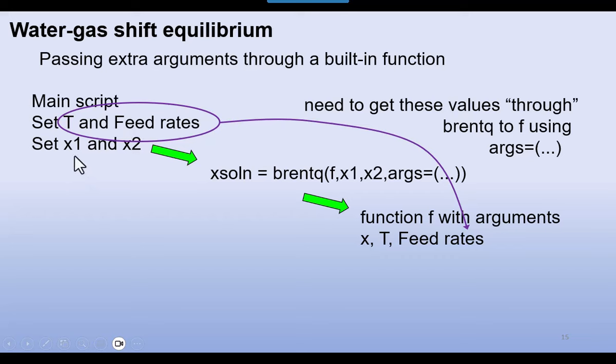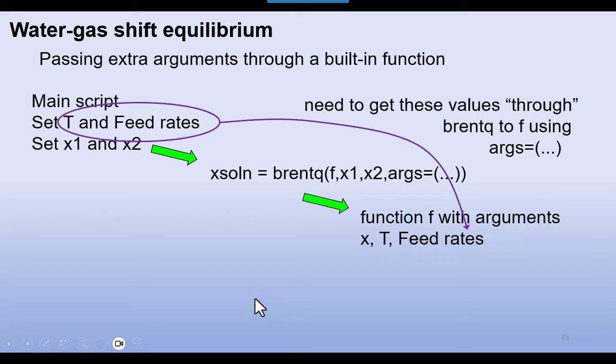We set our initial estimates of x1 and x2, and then we need to call a function like bisect or brentq, in this case, with our function, and then with our initial guesses, and then with these additional arguments so that they can make their way through to our function and we can calculate the function error. So that's a pass-through, and this shows the way that you do it with your code.